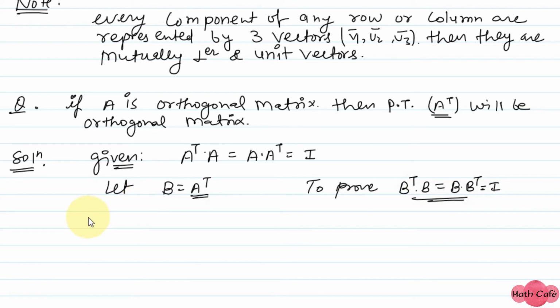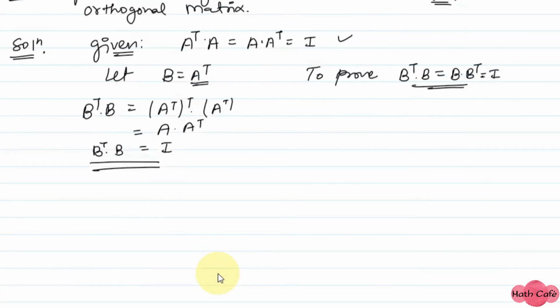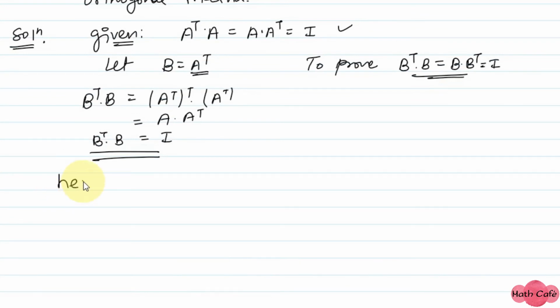So let's proceed. We will first of all find B transpose multiplied by B. So we will put the value of B here. B is A transpose, so (A transpose) whole transpose multiplied by A transpose. Here the transpose of A transpose will be equal to A, and A transpose will be as it is. It is given in the question that A·A transpose is I. So finally B transpose multiplied by B will be I. So we can say that B is an orthogonal matrix.